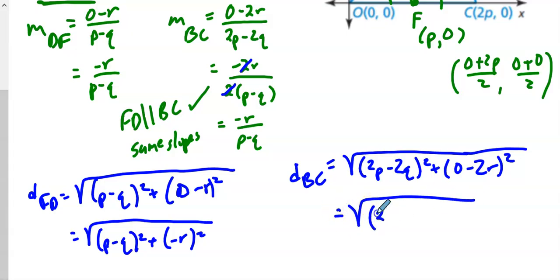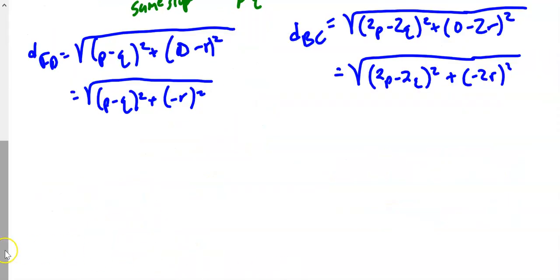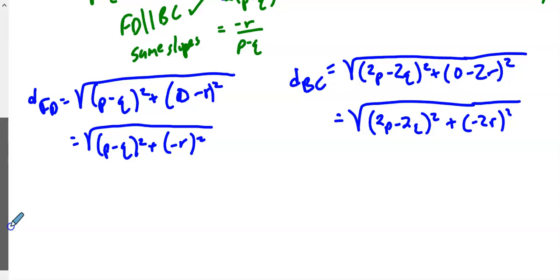So again, we have 2P minus 2Q quantity squared plus the quantity of negative 2R squared. All right, so let's take a look at this. We need this to be half of this. Well, hopefully you take a look at it and you're like, really looks like it is half already.